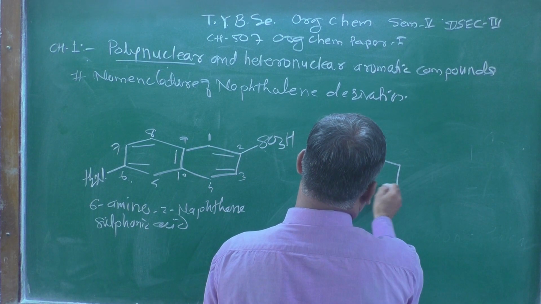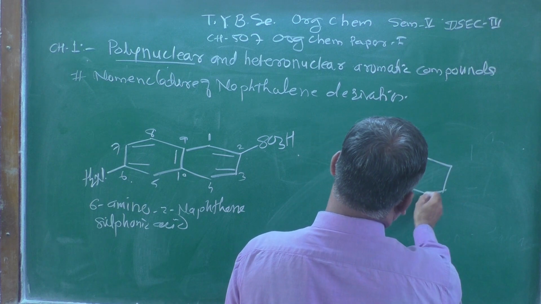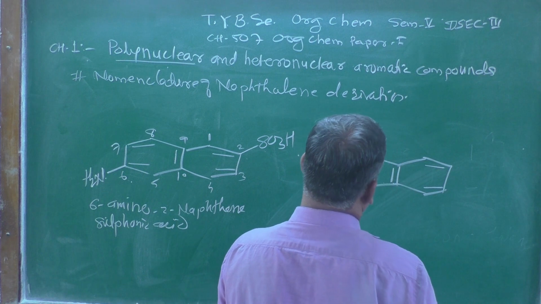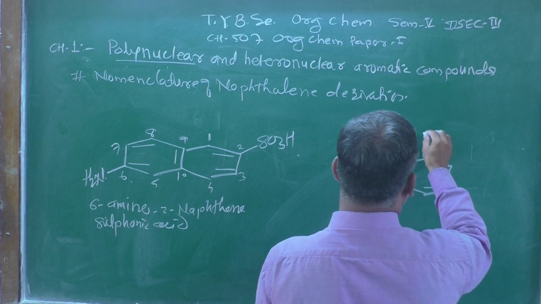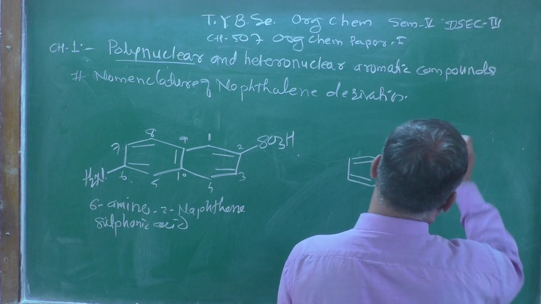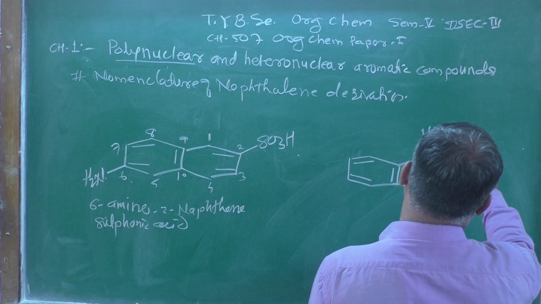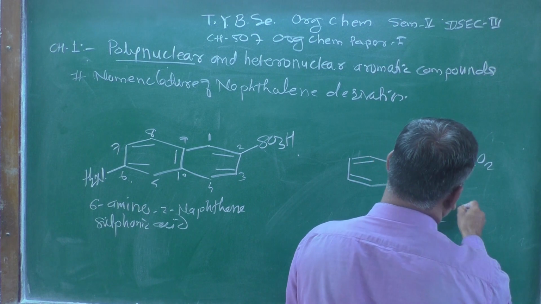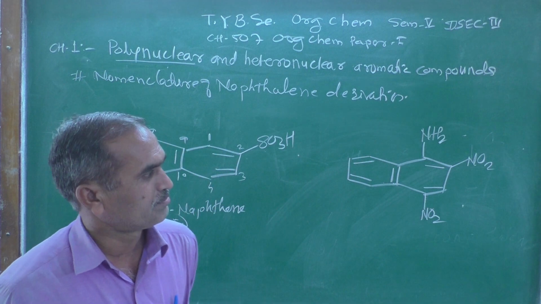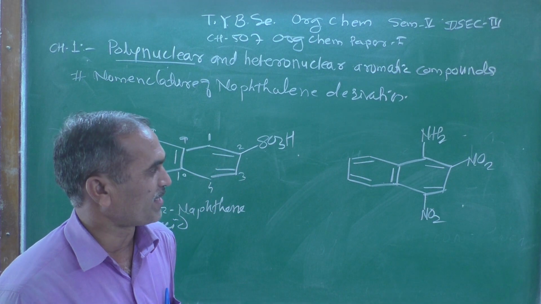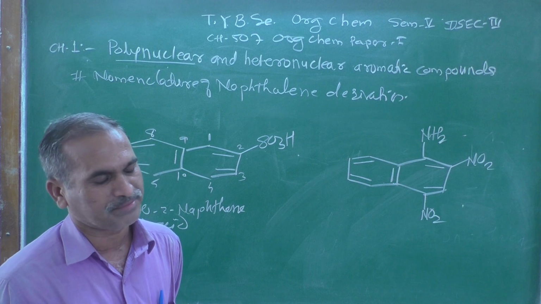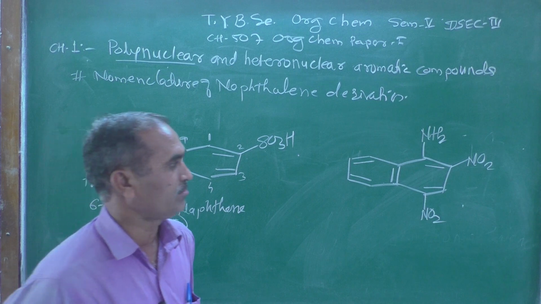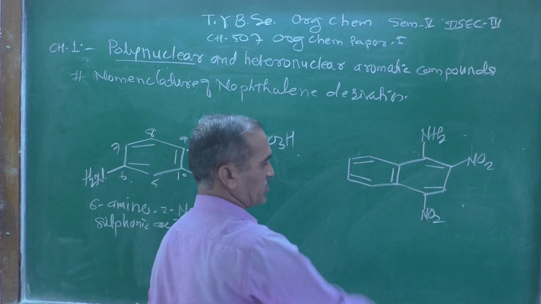Let us see one more example over here. So here I am representing the structure of substituted naphthalene derivatives: NH2 here, NO2, and at this position also NO2. Now all the substituents are present in the same aromatic compound. So from where can you start the numbering? You can start the numbering from this side.